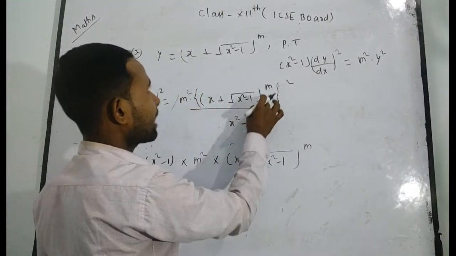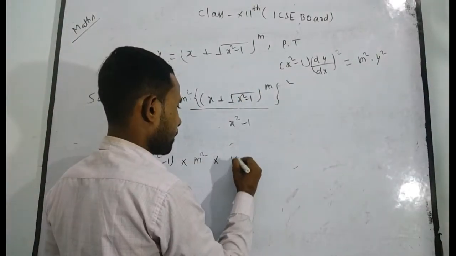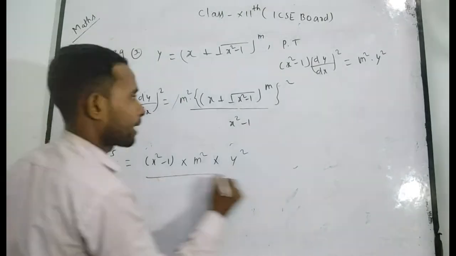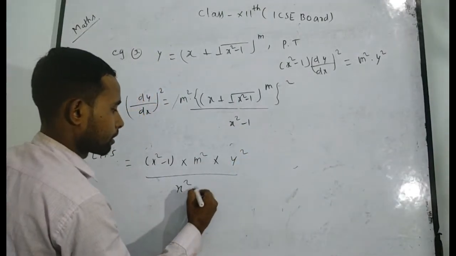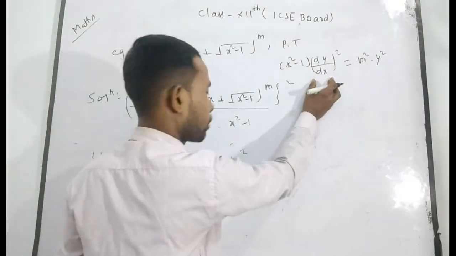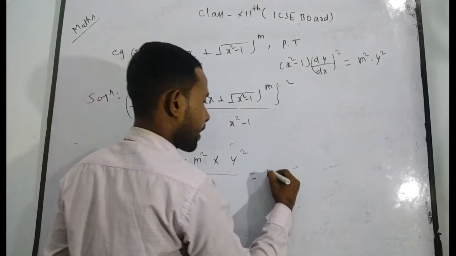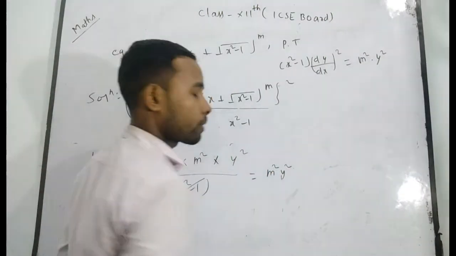As you know that this is y, can you write here y simply? y square divided by x square minus 1. Have you understood? Simply I have taken (dy/dx) whole square. In that case, here you will get x square minus 1, and x square minus 1 cancel. Finally you will get m square into y square.